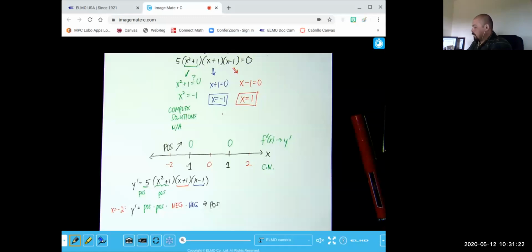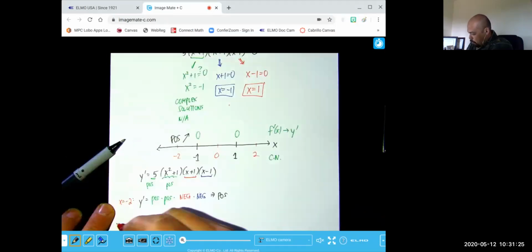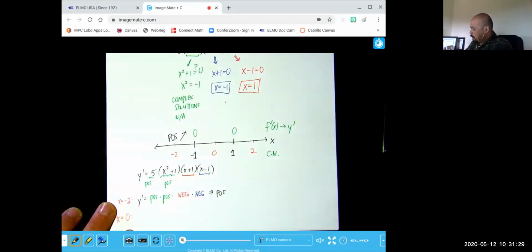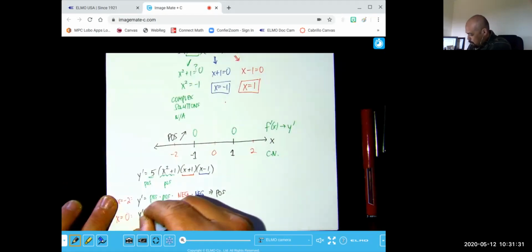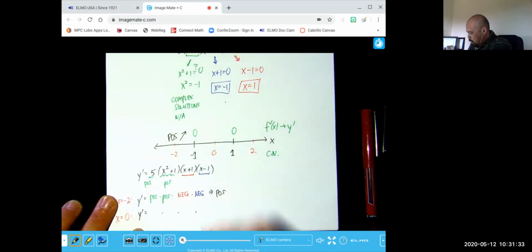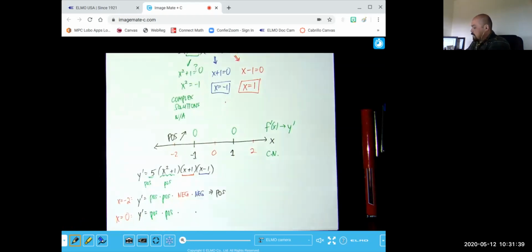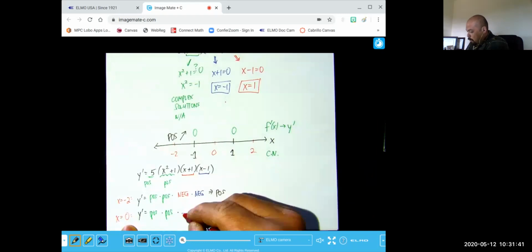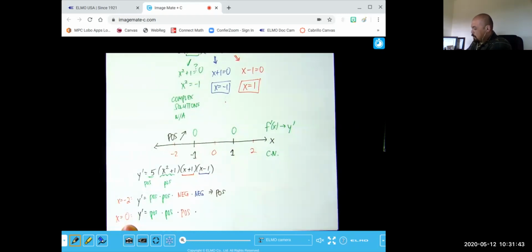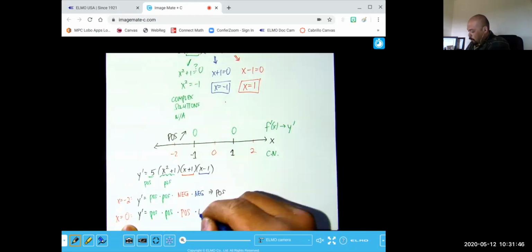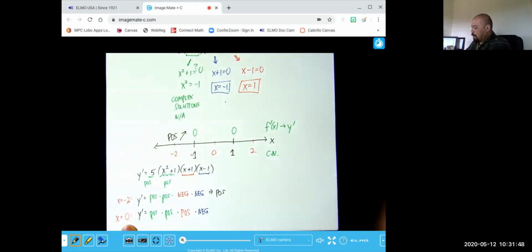Then with x equals 0, our derivative y prime, positive, positive. So now at 0, 0 plus 1, positive, 0 minus 1, negative.